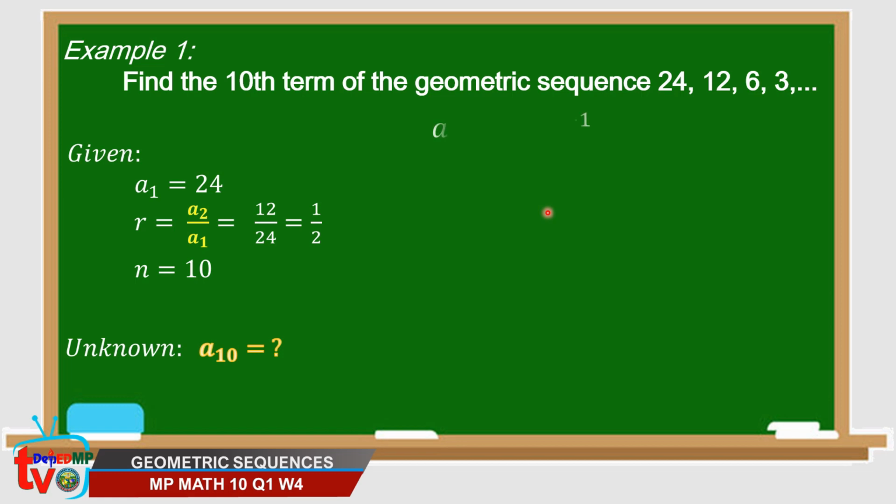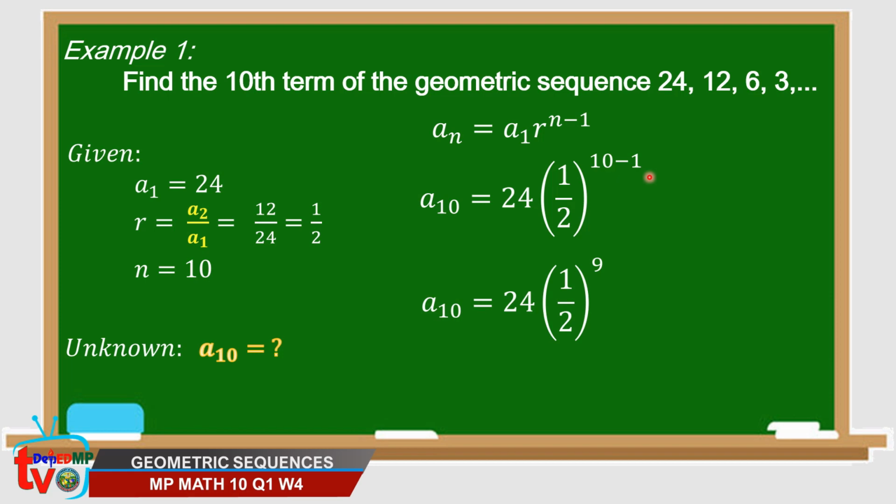The second step is to substitute the identified values in the formula. Here, we are going to replace a sub 1 with 24, r with 1/2, and n with 10. After replacing the variables, subtract the exponents. So we have a sub 10 equals 24 times 1/2 raised to 9.